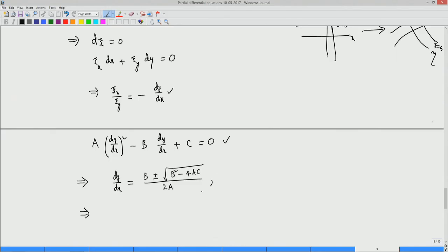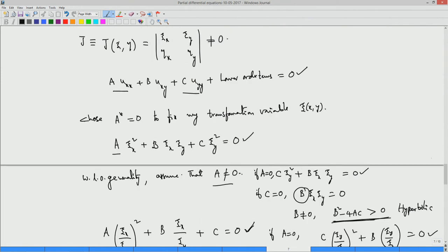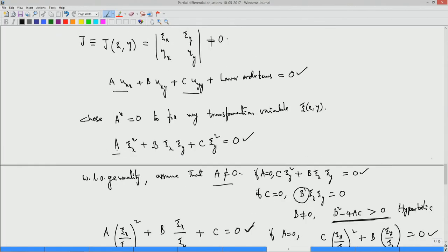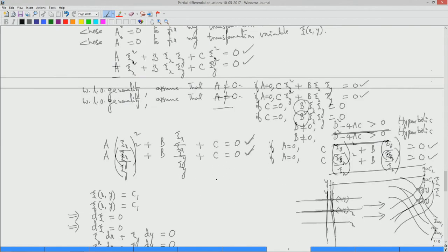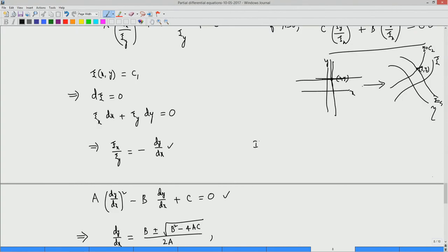Okay. First we see that this is what you get. If you work with the same thing and choose c star equal to 0, and assume that in this case a is non-zero, then what you get is a times (eta x by eta y) whole square plus b times (eta x by eta y) plus c equal to 0.